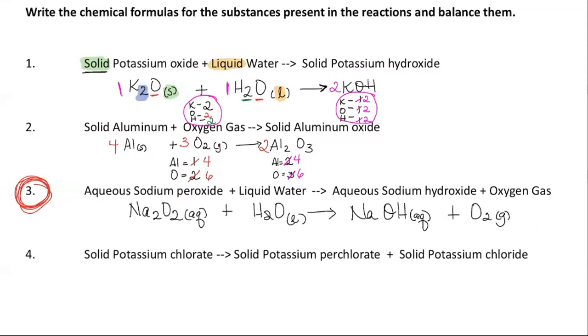Put a 1 in the chat if you at least have part or the whole chemical formula correct. Good. Good to see that. Now, when it comes to this, we're going to have sodium, oxygen, and hydrogen on each side. Sodium, oxygen, and hydrogen are the atoms that I have.